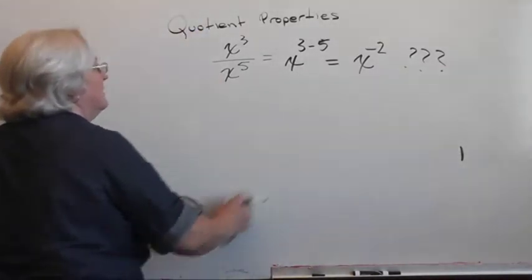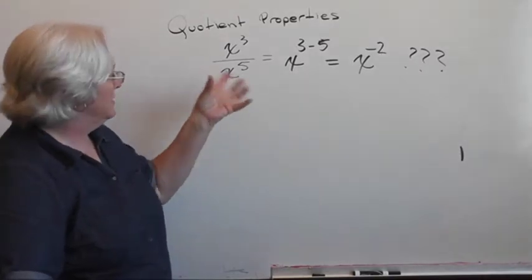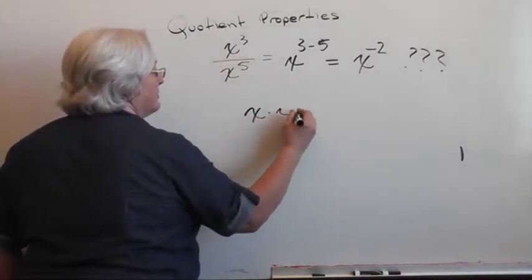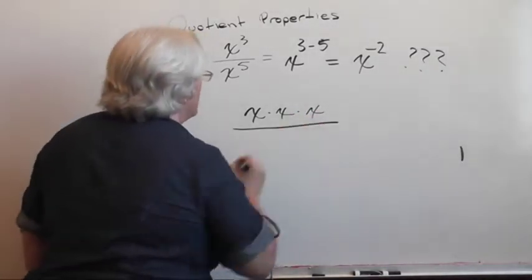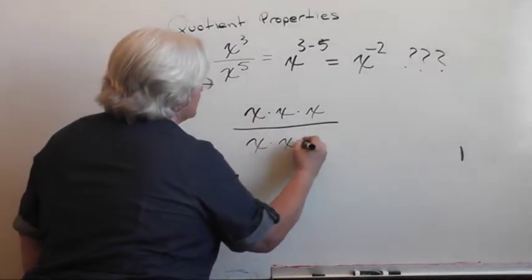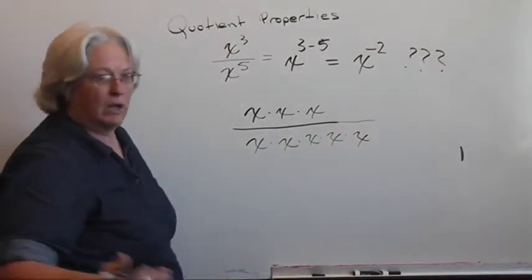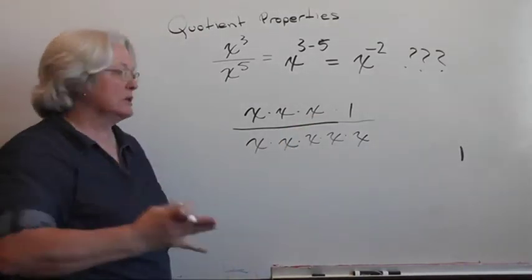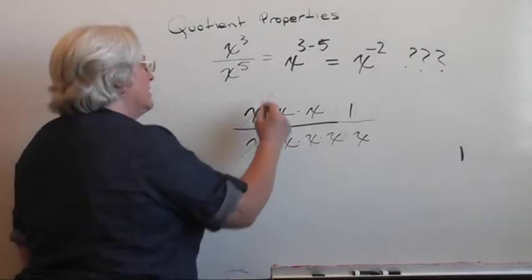What exactly is it that x cubed divided by x to the fifth is asking us to do? Well, it says that x is used as a factor 3 times in the numerator. And in the denominator, what we have is x used as a factor 5 times. And you can always have a factor of 1 every place. Now you know that from canceling common factors, as long as you have the same factor in the numerator as the denominator, that value is equal to 1.